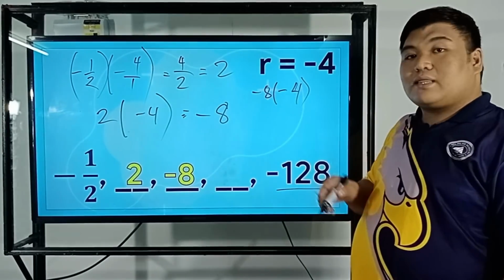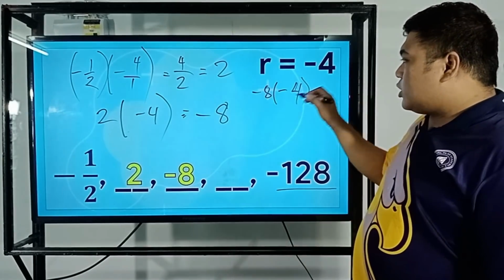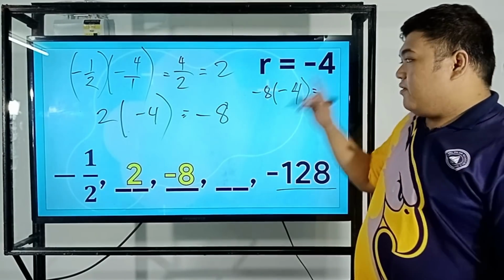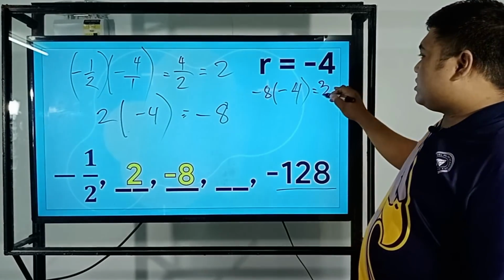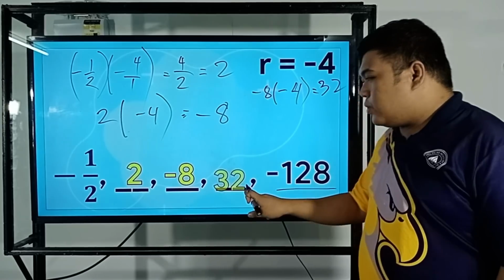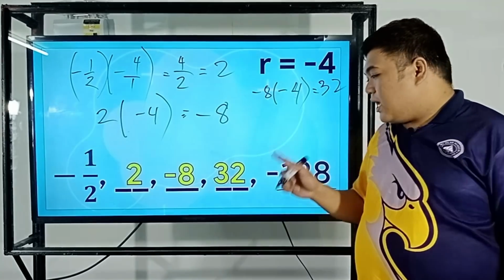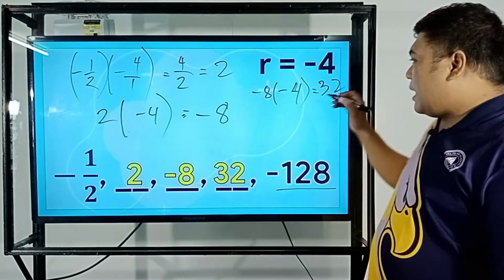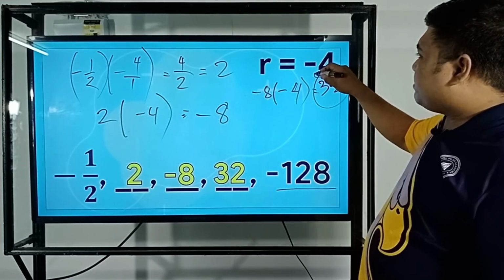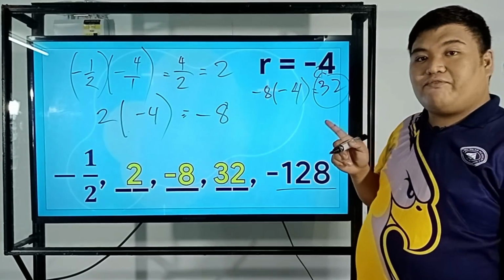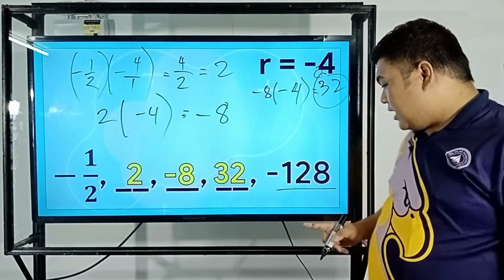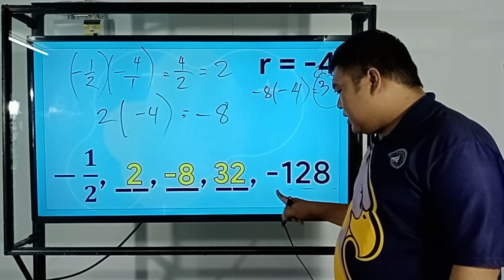Since both are negative, the answer will be positive. 8 times 4 is 32. So therefore, 32 will be the fourth term of the geometric sequence. And again, to check your answer, when 32 is multiplied by the common ratio, negative 4, the answer should be negative 128.